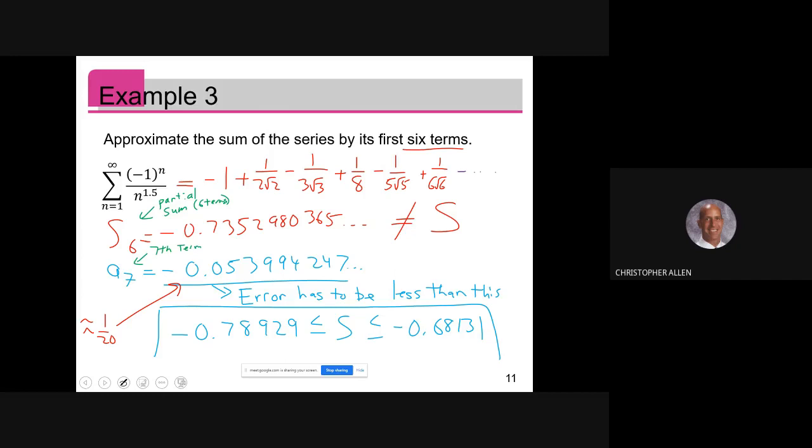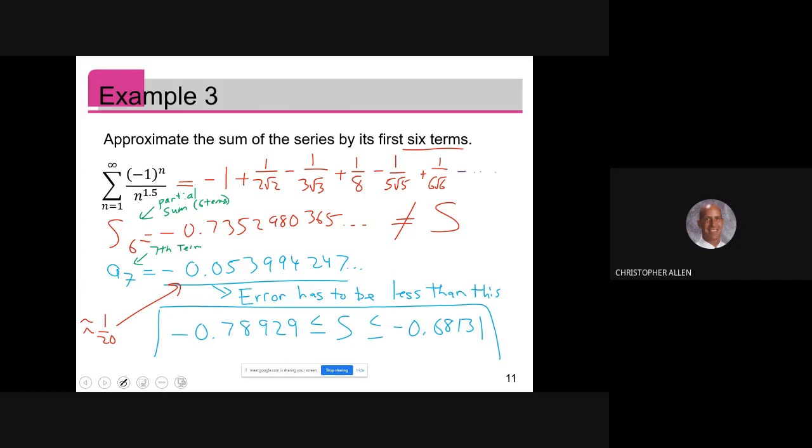So the actual sum, which we have not calculated, in fact, that's a p-series, isn't it? It's not geometric, so I don't know that we can get the exact value, but we know that we're no more than a 20th off. So the actual sum has to live between those two values.